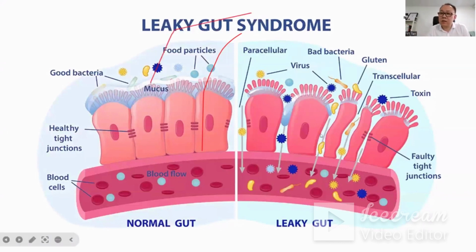All these bad things go into your blood vessels, causing consistent trouble. People have consistent inflammation and autoimmune disease, but cannot find any reason. There is no EBV infection, no candidiasis infection, no root cause at all. In that case, we may believe they have leaky gut syndrome.